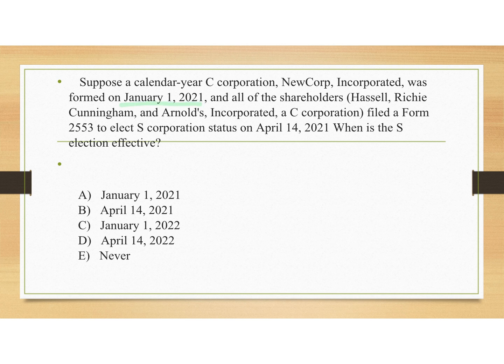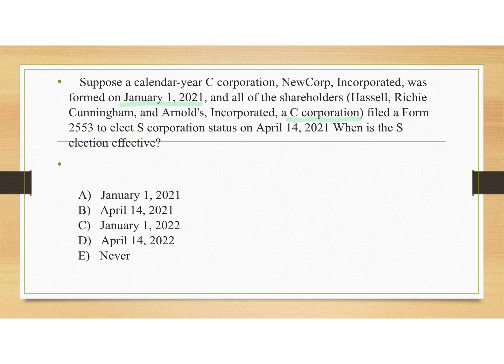And all of the shareholders, so Hassel, Ritchie Cunningham, and Arnold's Incorporated, a C corporation, file a Form 2553 to elect S corporation status on April 14th of 2021. When is this S election effective?